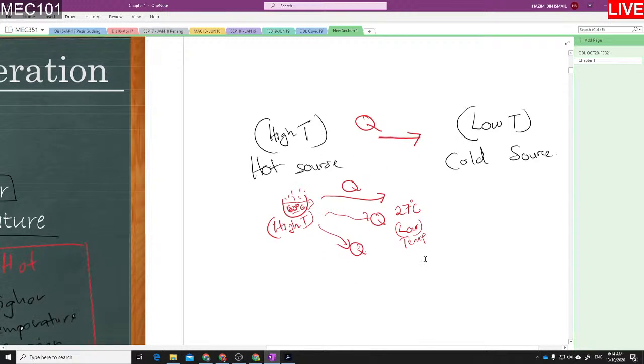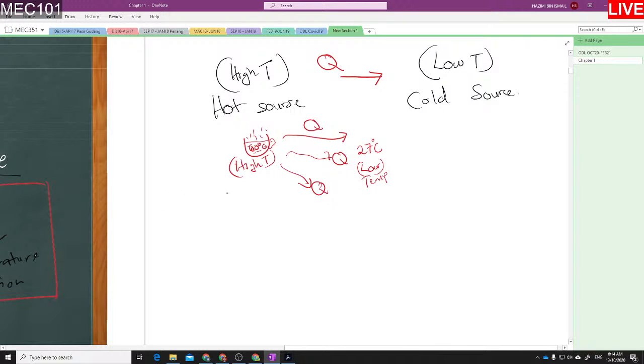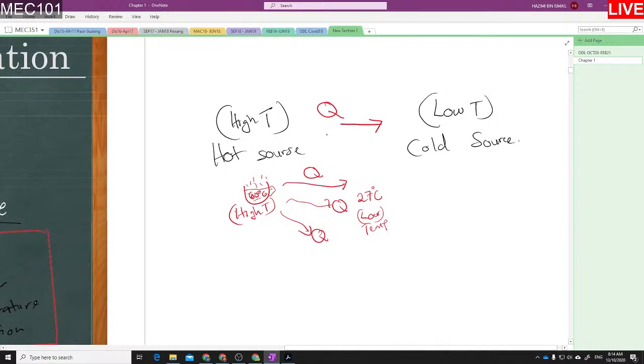But for refrigeration, we are going to do the opposite. This is refrigeration.